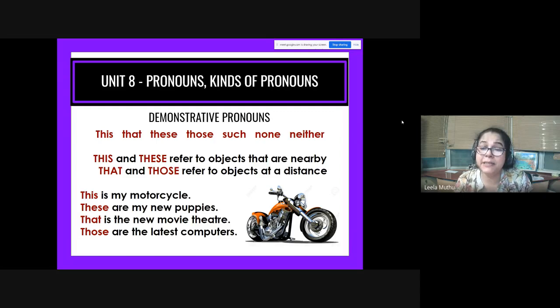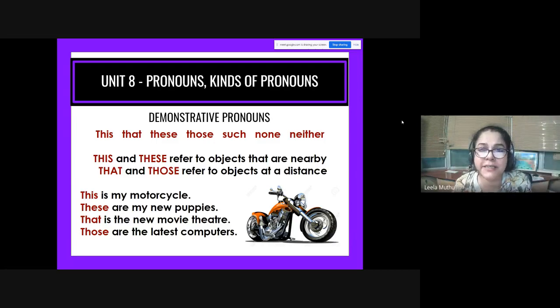They're replacing the puppies, but you're repeating it. You can say my new puppies, but you use these. This is the demonstrative pronoun to demonstrate or refer. Okay. That is the new movie theater. The new movie theater. But we as humans, we tend to make it verbal and we say that is the movie theater. Okay. Those are the latest computers.